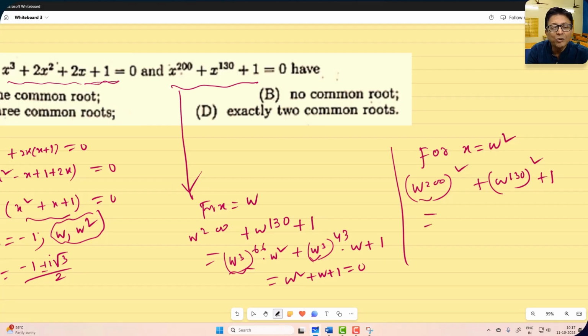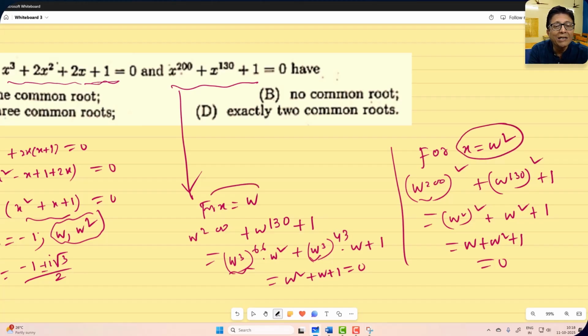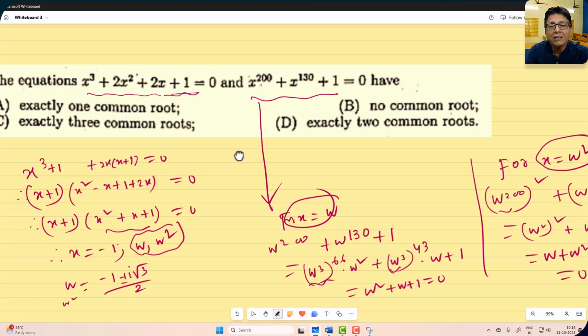Because omega to the power 200 we got omega square. So omega square and omega square plus 1. This is omega. So omega square is a root. Omega is also a root of the second equation. So exactly 2 common roots. The fourth option is correct.